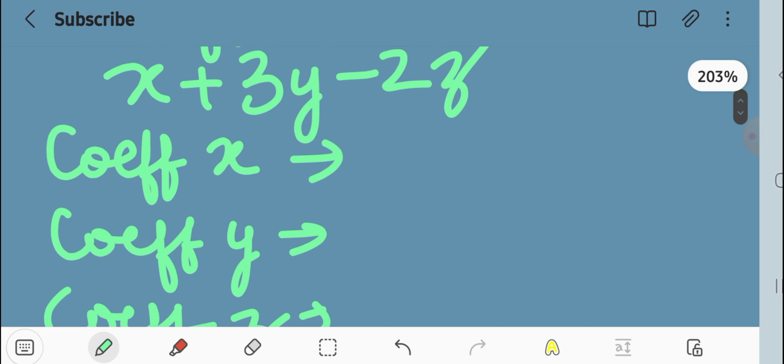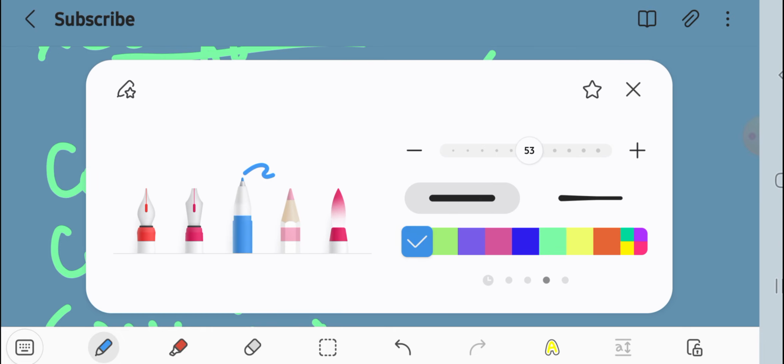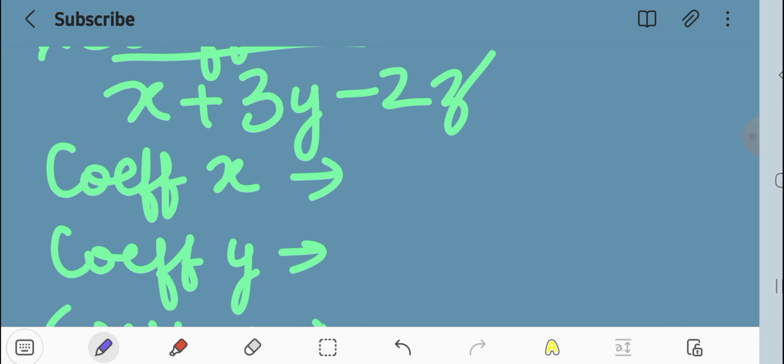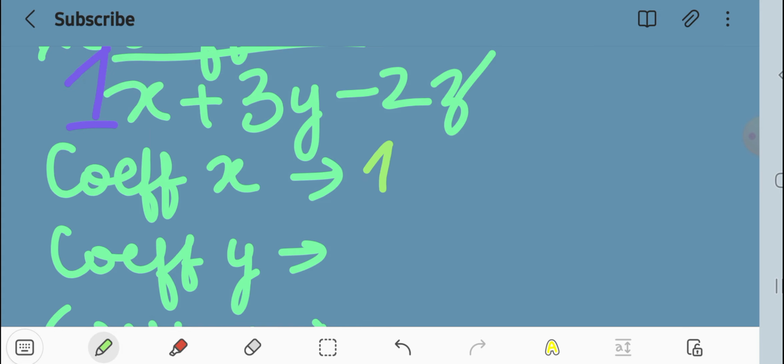Now see, a coefficient is nothing but the number next to the variable. For x, there is no number, so we need to mention it as 1. So what is the number next to x? 1. So the coefficient of x is 1.